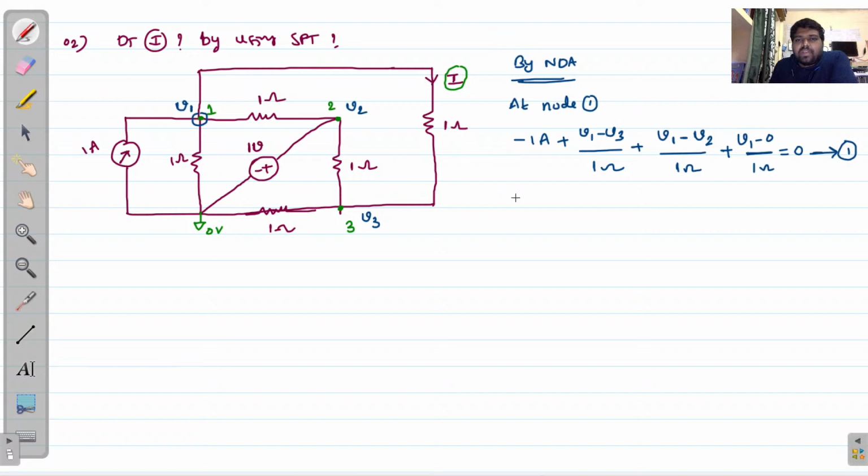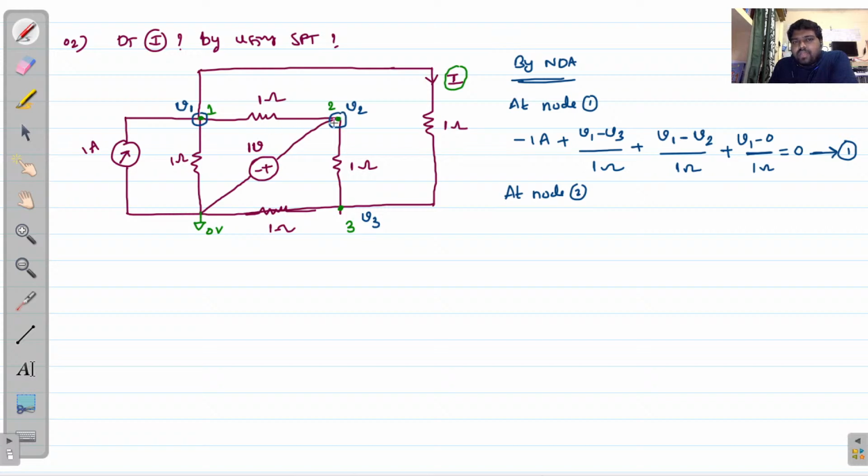Similarly, you can write the nodal expression for node 2. At node 2, this is the reference one, so this node 2 voltage is superior to all other nodes present in the network. Now you can apply KCL for this node.